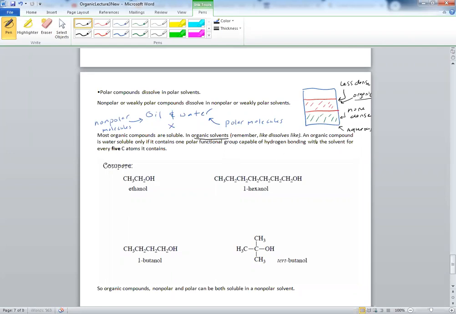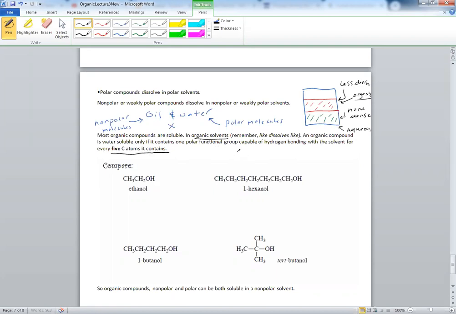Again, like dissolves like. An organic compound is water soluble only if it contains one polar functional group capable of hydrogen bonding with the solvent for every 5 carbon atoms. This is very, very important. What am I supposed to say here?